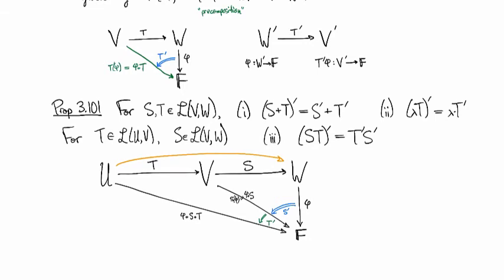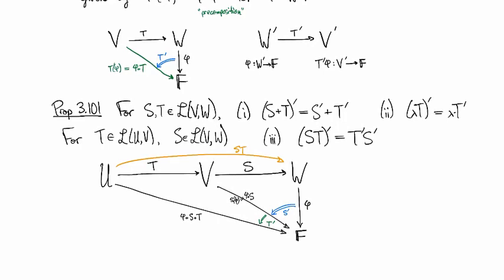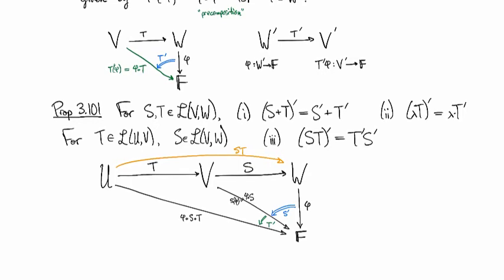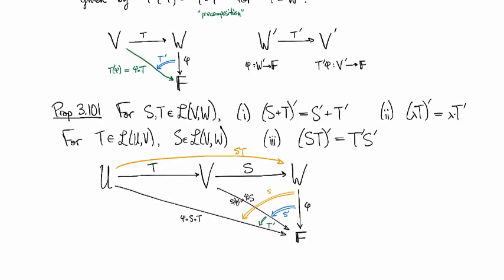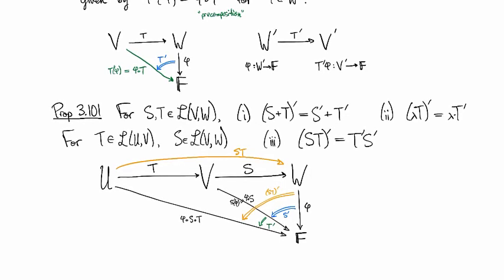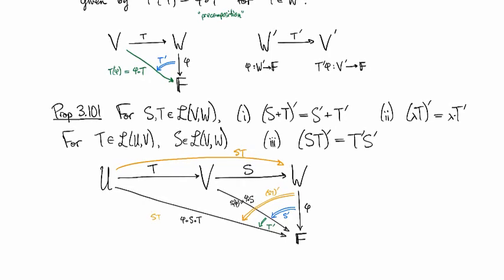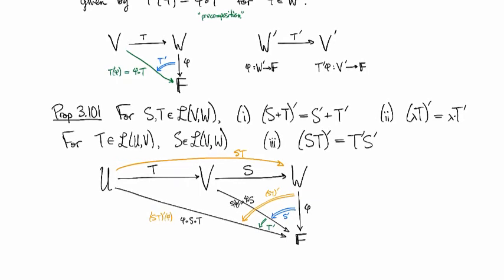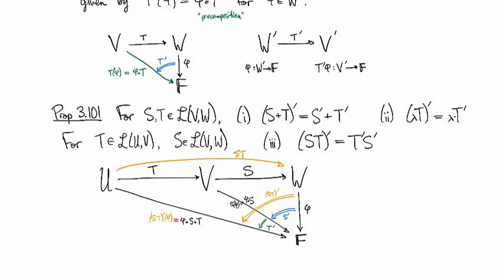So the composition across the top is ST, right? And so what the theorem is telling us is that if we look at (ST) prime, which is going to be pulling back across the composition right here, then what we get is the same thing. So (ST) prime applied to phi is the same, and this theorem is asserting this red equals sign right here.